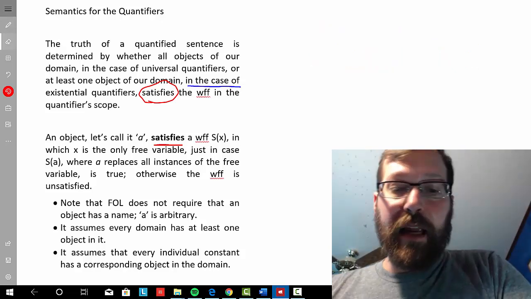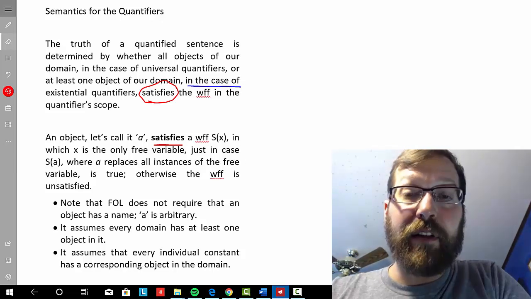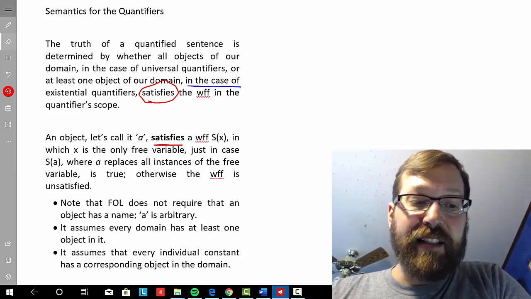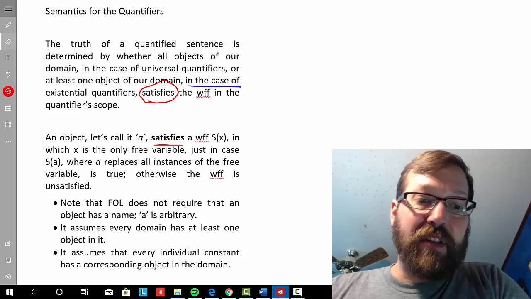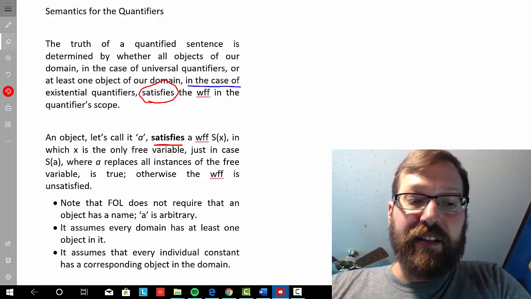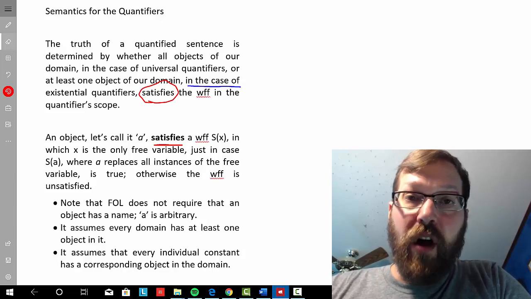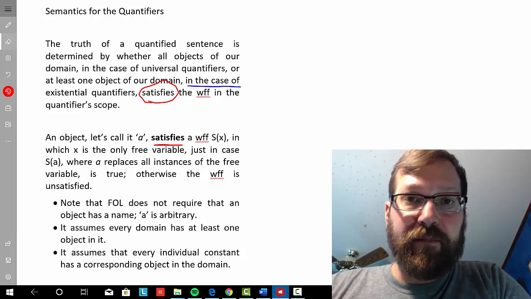An object a satisfies a well-formed formula S of x, in which x is the only free variable, just in case S of a, so when we substitute a in for x, where a replaces all instances of the free variable x, is true. Otherwise, the well-formed formula is unsatisfied.